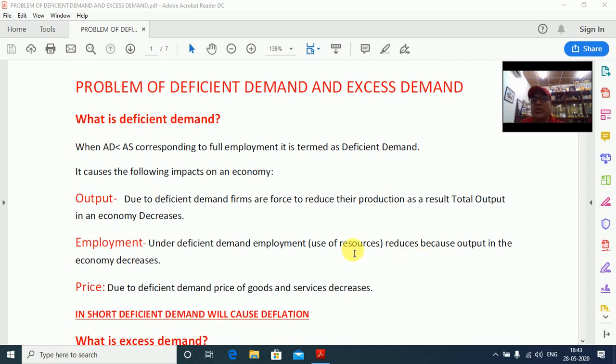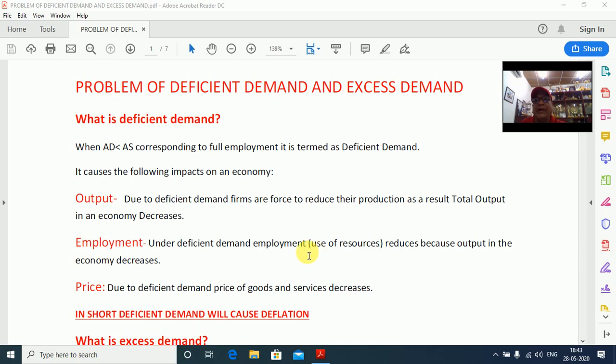Employment is also going to decrease. So we can say that in case of deficient demand, the problem of unemployment takes place. Why? With the cut in production, the firms start using fewer resources, meaning resources remain unused. That is the problem of unemployment. So the problem of unemployment is the outcome of deficient demand.